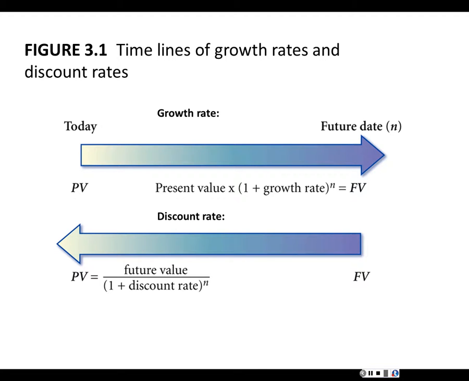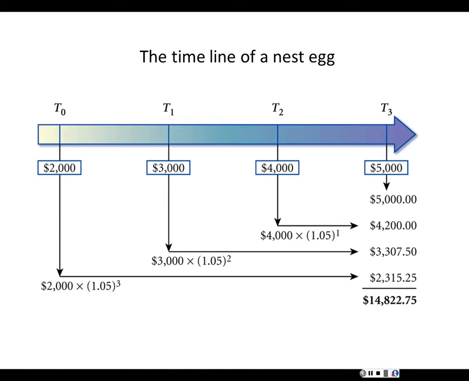Okay. So the way this would work is that if you have money that you are putting in, and it's going to grow over time, and let's say in year 0 we put in 2,000, and we want it to stay in for 3 years, 1, 2, and 3.